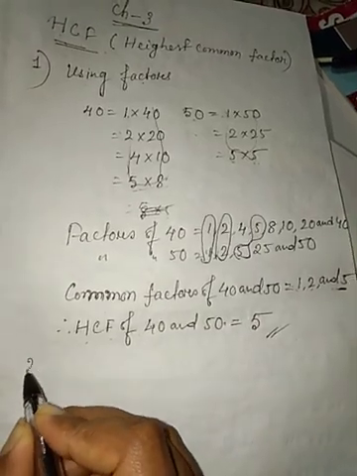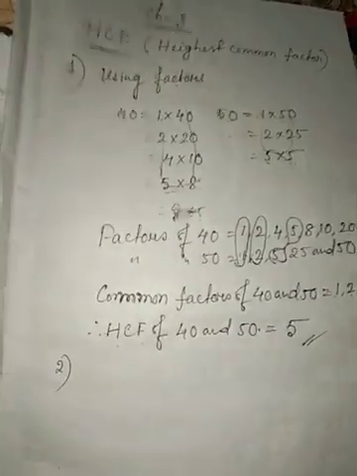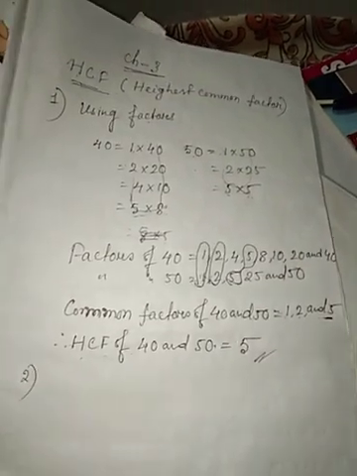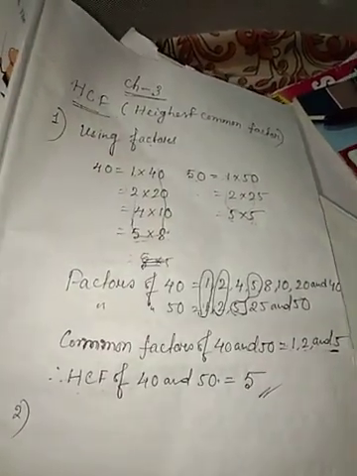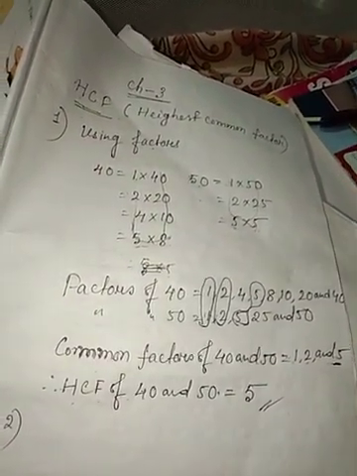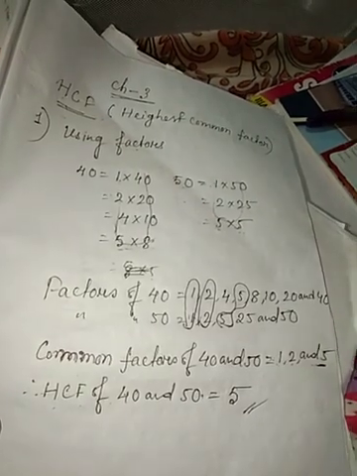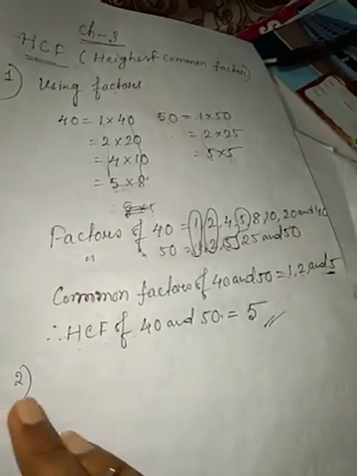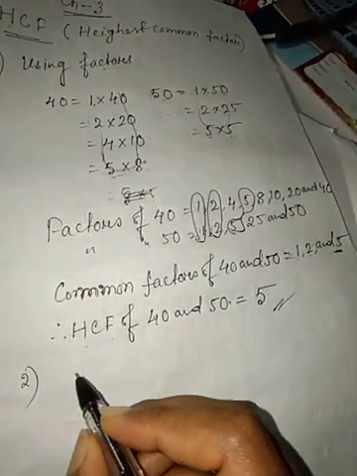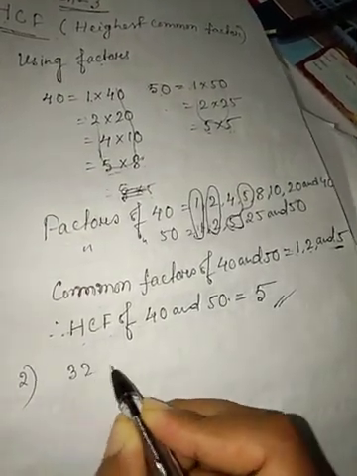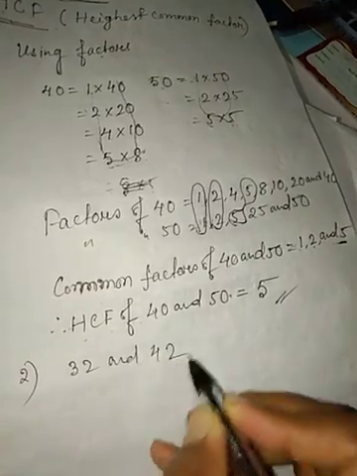See another example of how we find the HCF of other numbers. The numbers are 32 and 42.